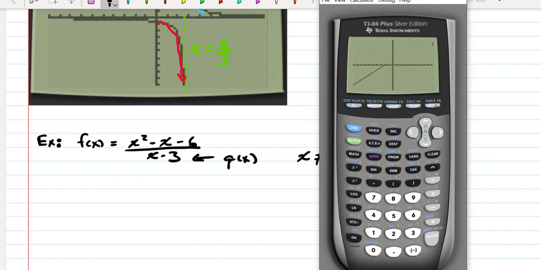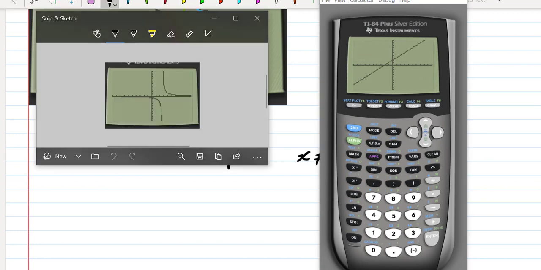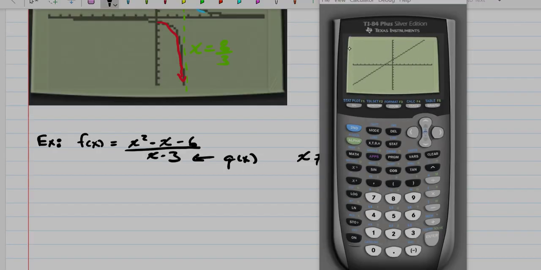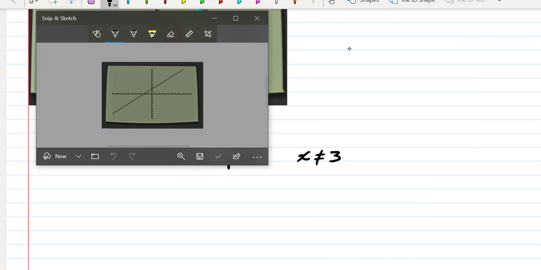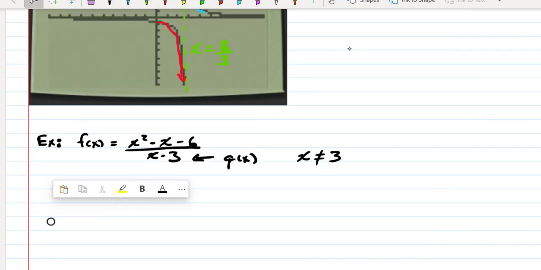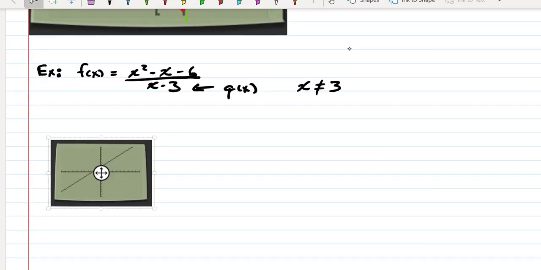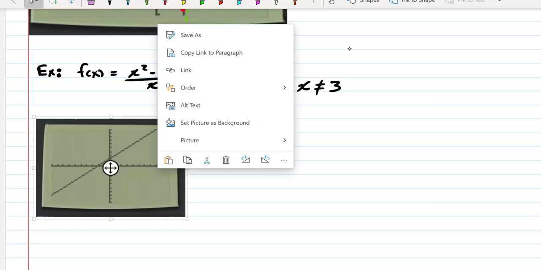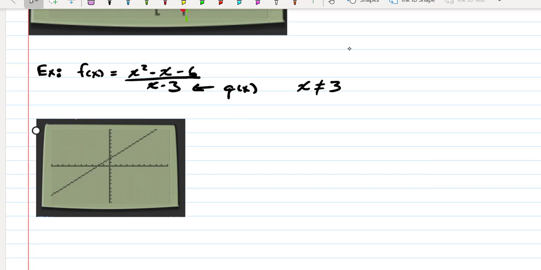Well, if I graph this thing, something strange appears to be happening. When I look at this picture, do I see what appears to be a rational function?